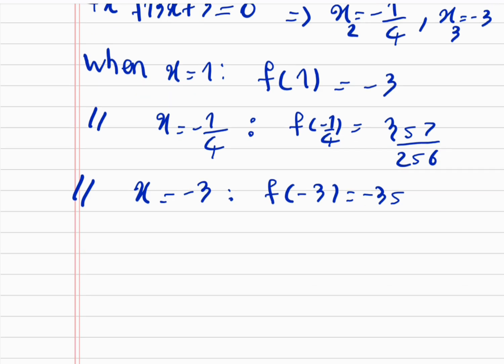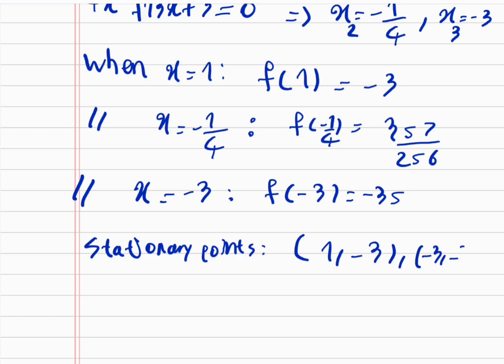So these are the three stationary points. So the stationary points are, these are the stationary points with the coordinates (1, minus 3), (minus 3, minus 35), and finally (minus a fourth, 357 over 256).